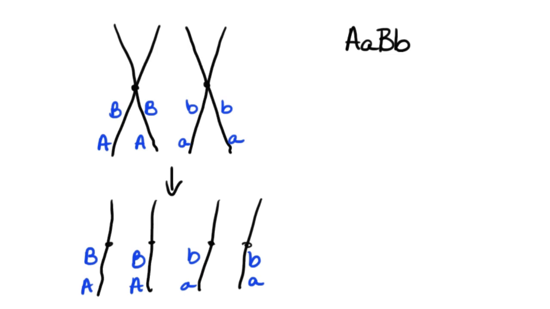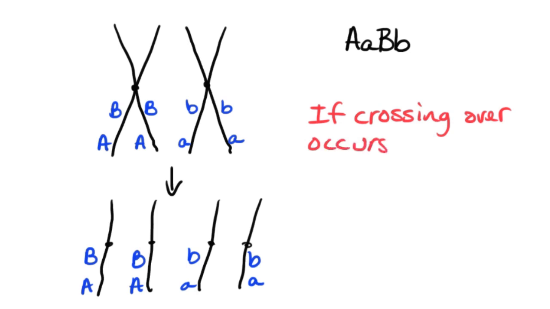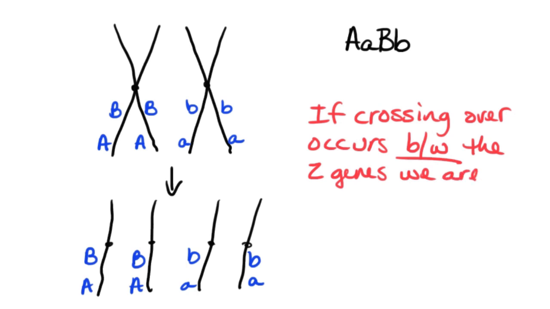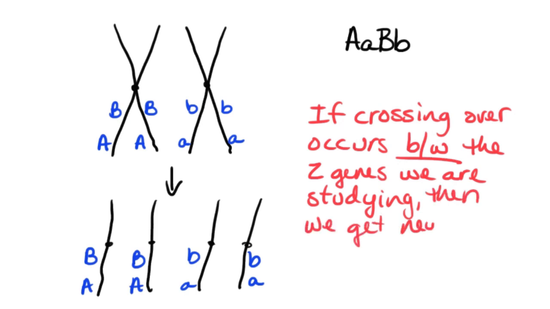However, if a crossover event occurs, then we're going to get some recombinant chromosomes. So if crossing over occurs, and more than just if it occurs, but if it occurs between the 2 genes we are studying, then we get new combinations.